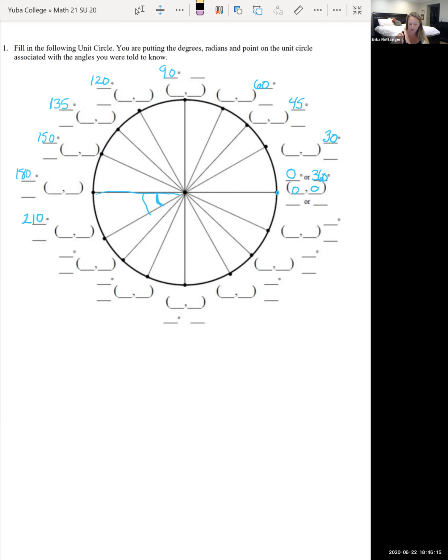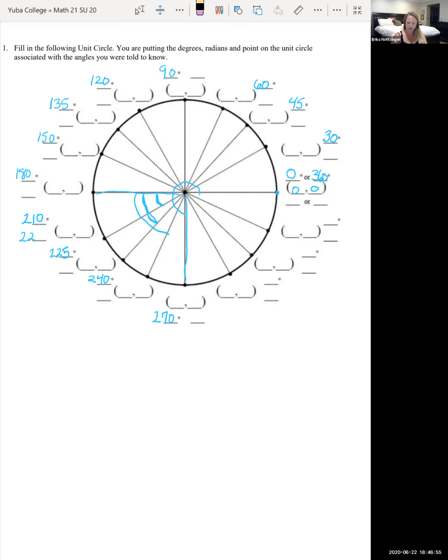If we added 45, another reference angle, that's 225 degrees. And then 180 plus 60, that's 240 degrees. And then if we went to our negative y-axis, rotation from standard position, that's 270 degrees.